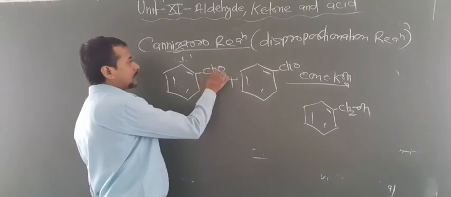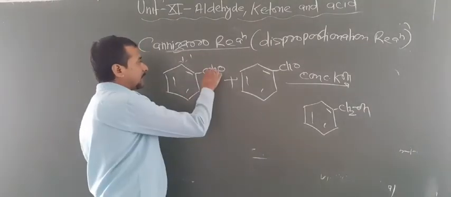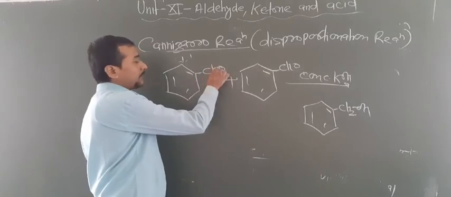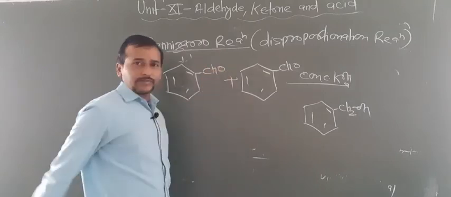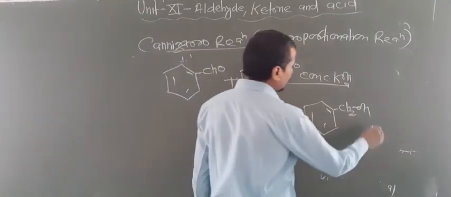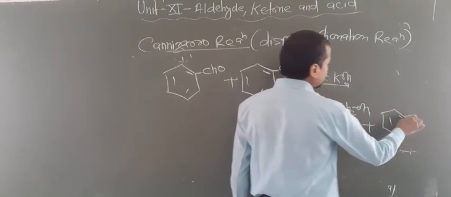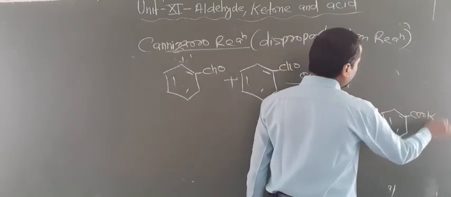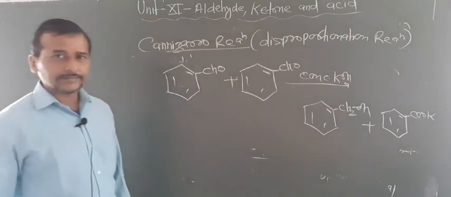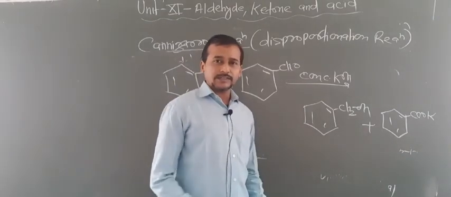You have to break this double bond to O: one pi bond is breaking between C and O, and 2 sigma bonds will be formed. So this is also a type of hydrogenation reaction. And one benzaldehyde changes into the acid salt, COOK. So this is known as benzyl alcohol and this is known as potassium benzoate.